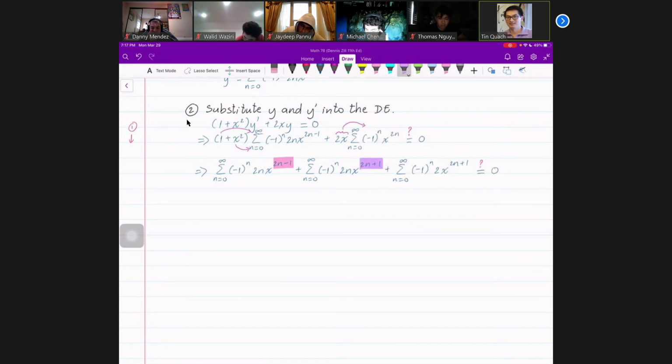Oh, they happen to be the same, those two. So you look at the one with the lowest power. The one with the lowest power is this one. So you decide to convert this into k. You look for the lowest power and you want to convert it into k. So to convert it into k, for this series right here, you want k.